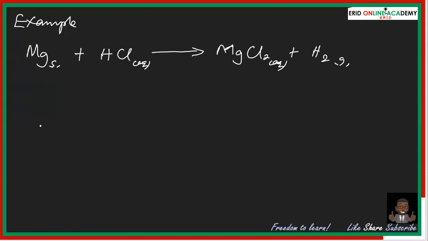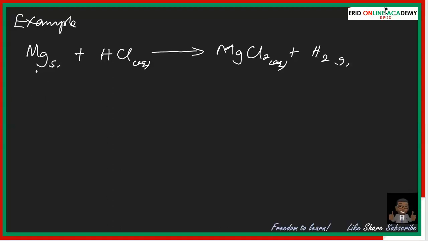Now if you look at this, we want to find out which species is oxidized, which is reduced. We want to find out which direction represents reduction and which represents oxidation. Your knowledge of ionic chemistry or ionic compounds will help you very well here.